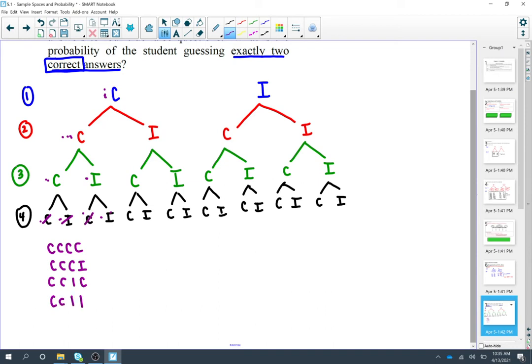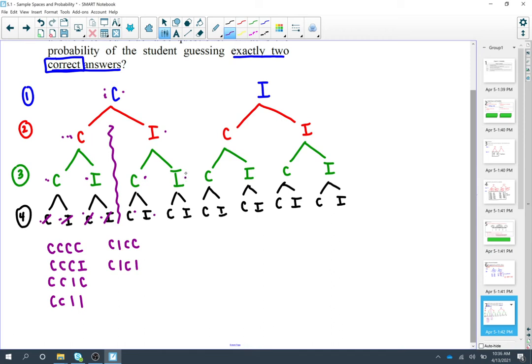And that has exhausted those. So at this point, if you see the break in your tree, we're going to move over to the other side. So still correct first, but incorrect second. Correct, correct. And then we're going to do a C, I, C, I, which is that one.